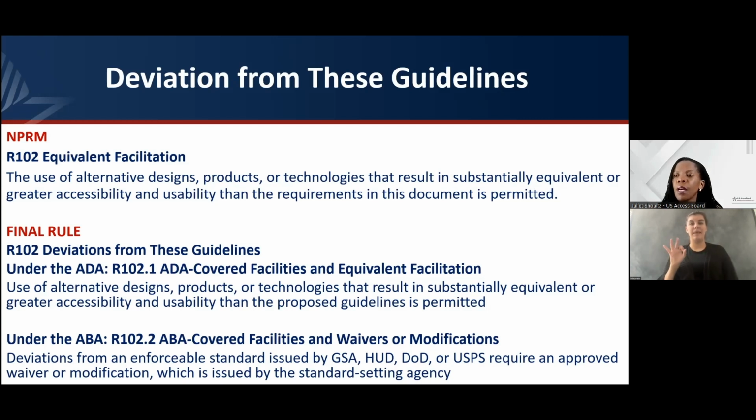So if you are covered under the ADA, like Title II entities, there's really no change. But if you're covered under the ABA, there's a process for deviating from the requirements of these guidelines.